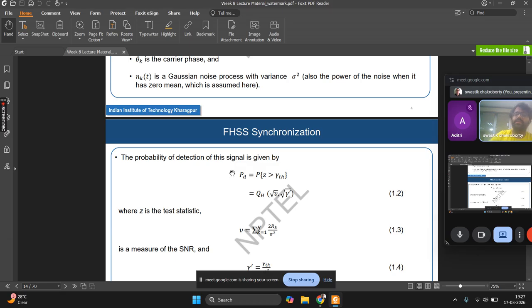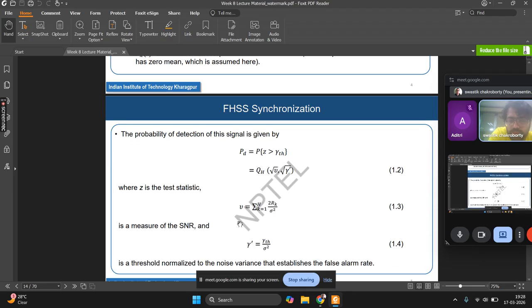The probability of detection of the signal is given by Pd = P(z > gamma_th), where gamma_th is the threshold SNR. Basically, it is the threshold at which we will make a decision one way or another. So the probability of detection is given by this.